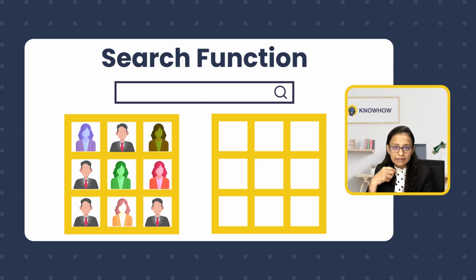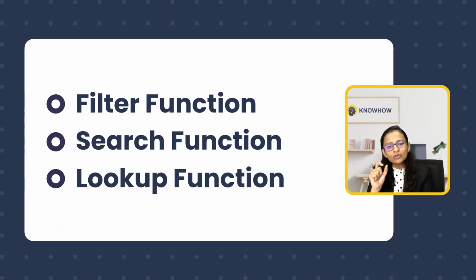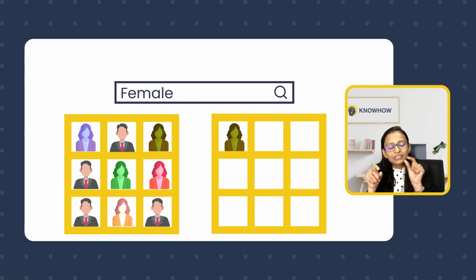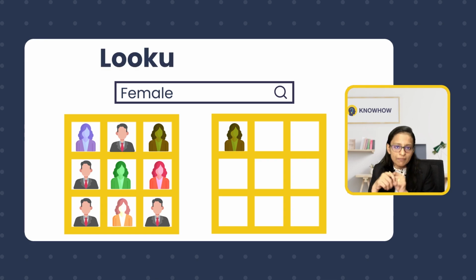Let's say my name is Krupali and I want to search with KRU. In that case I advise you to use the search function. And let's say you want only an exact match, plus you want only one value out of n number of values, only the first match. At that time you need to use the lookup function.